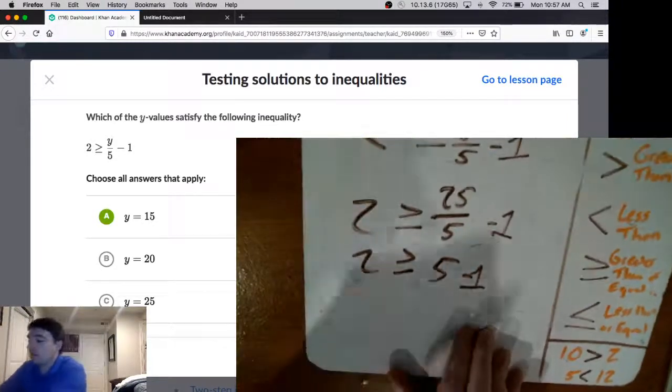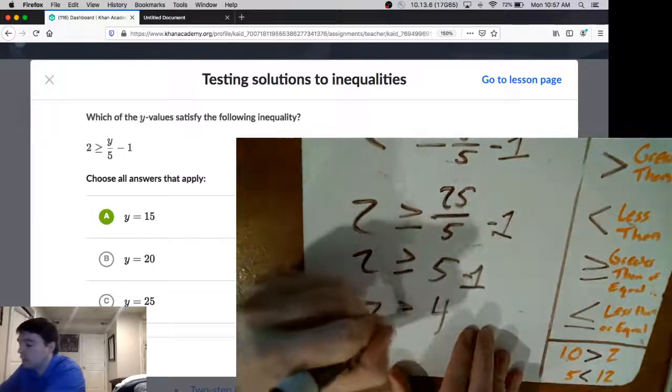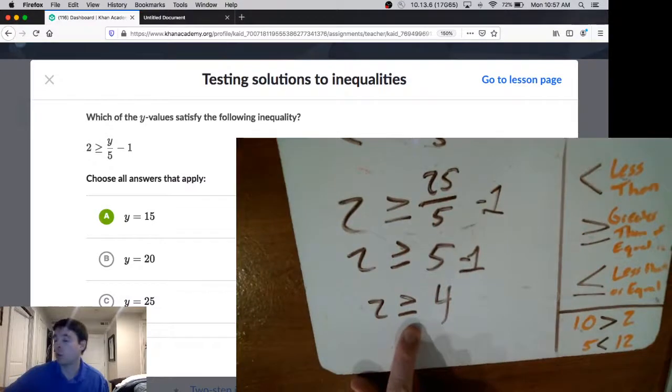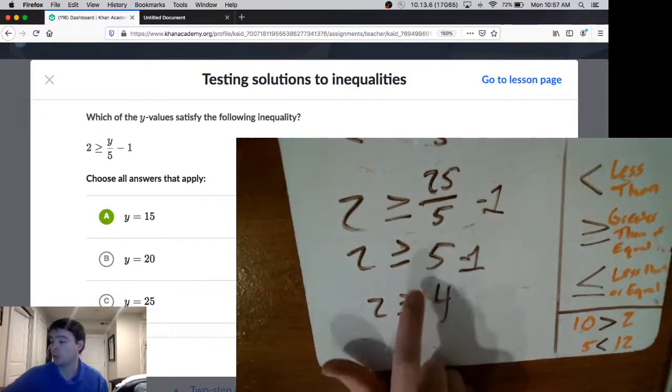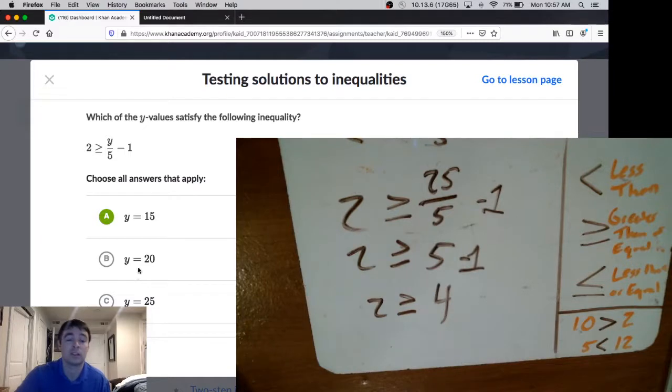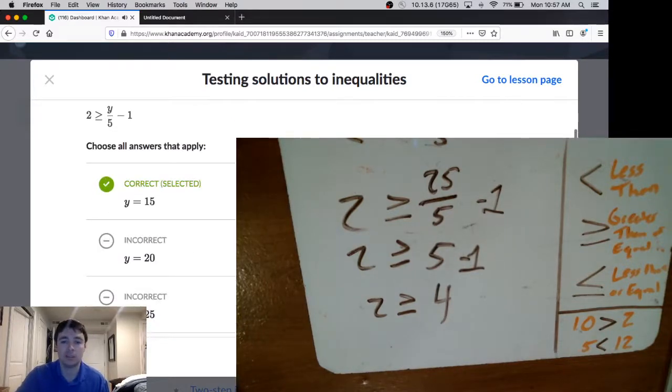And 5 minus 1 gives us 4. So when I plug 25 in for y, the inequality tries to state 2 is greater than or equal to 4. That's also not a true statement. Just like 20 was too big for y, it made the inequality false. 25 is also going to be too large of a value. So the only answer I'm picking here is A.